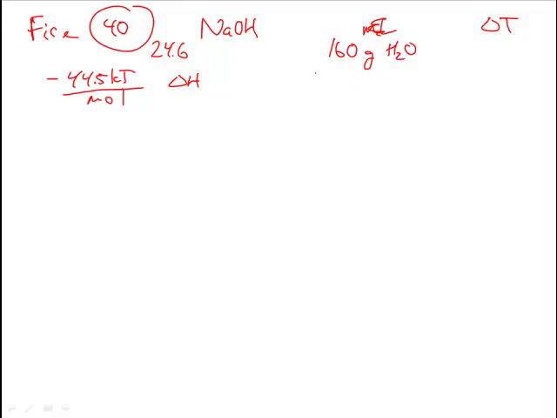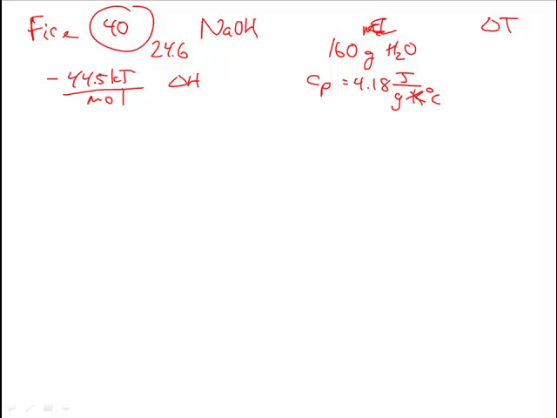And it says that the specific heat capacity of the solution is equal to 4.18 joules per gram Kelvin. Now, the good thing about Kelvin and Celsius is even though they have a different scale, 1 Kelvin is equal to 1 degree Celsius. So you can change this to a degree Celsius unit here, first of all.